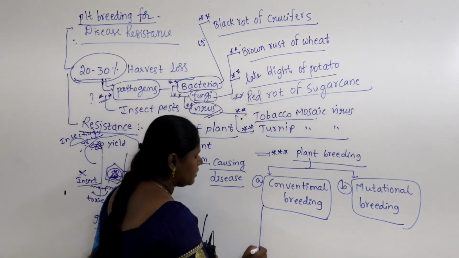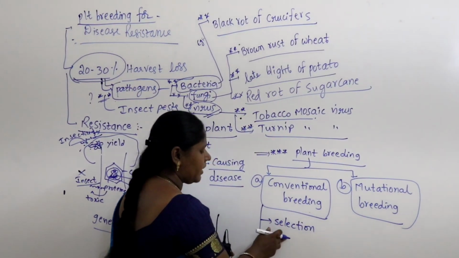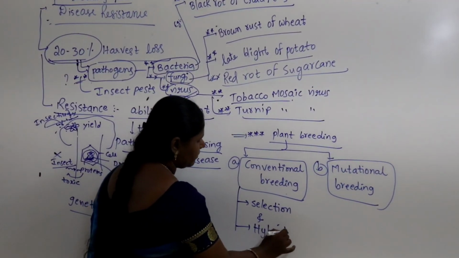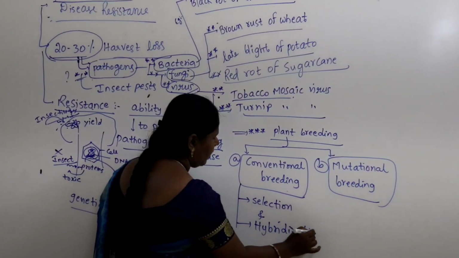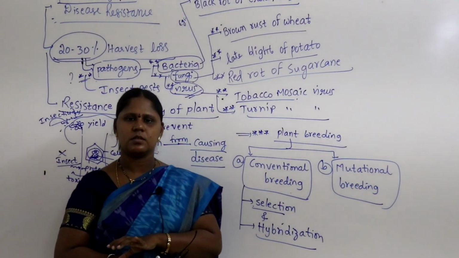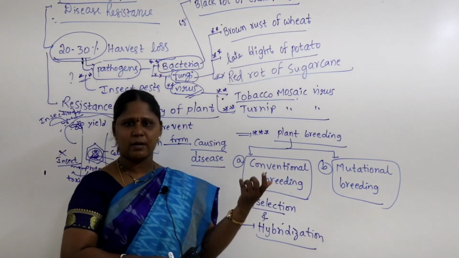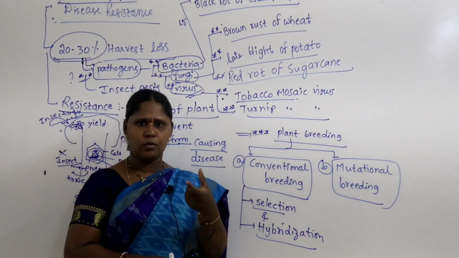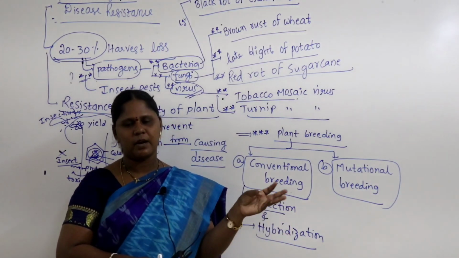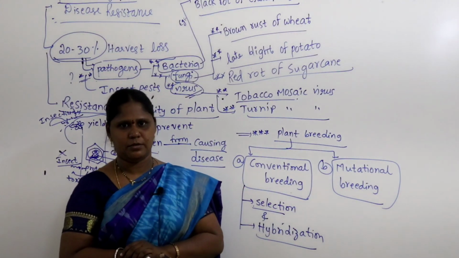Conventional breeding includes the same steps we discussed in the last class, like selection followed by hybridization. What is selection? We collect different varieties of plant species across India from different states. As we discussed in the last class plant breeding video, when I talk about rice plant, I collect rice plant from Maharashtra, Mumbai, Chennai or Kolkata, different varieties, germplasm collection, right.